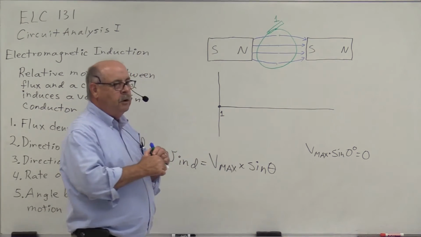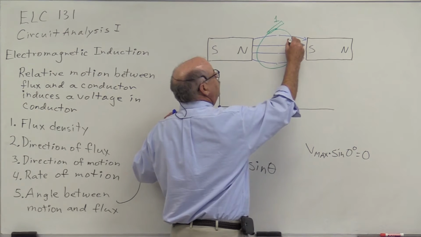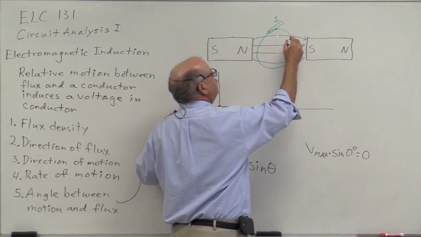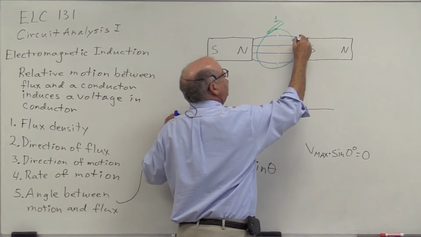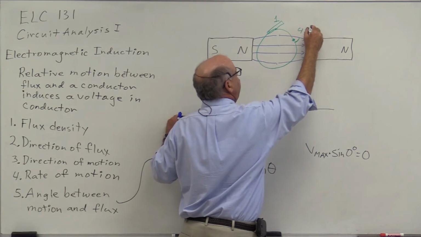Now, as I move around this circle to point number 2, let's just say that the angle that exists here is 45 degrees.